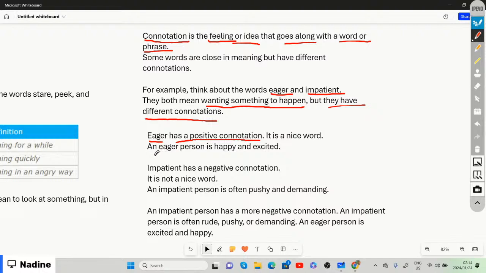So we said eager has a positive connotation. It is a very nice word. And when it comes to an eager person, an eager person is happy and excited.